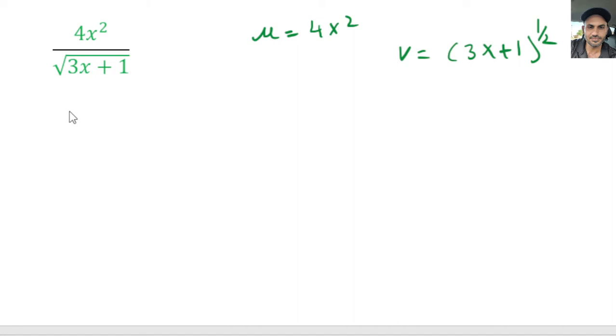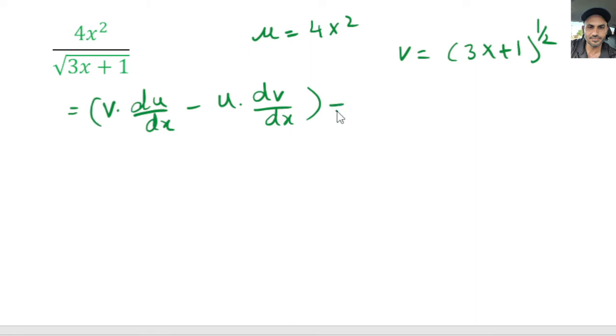So it's going to be equal to v times du over dx minus u times dv over dx and everything divided by v squared.